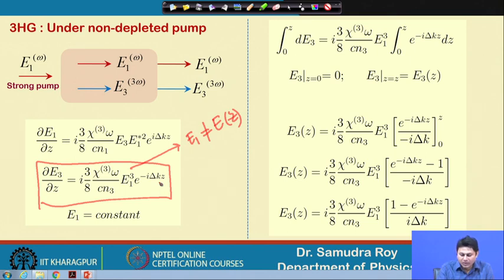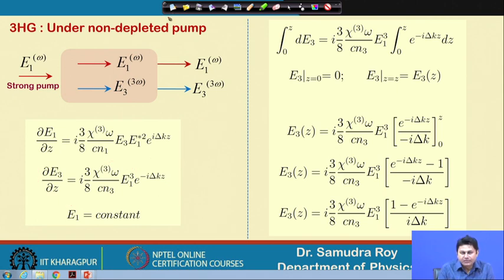Once you integrate this quantity with the boundary condition that E3 at z equal to 0 is 0, and E3 at z equal to z is some quantity, say E3(z), as I mentioned, this constant will come out of the integration, and I only integrate this quantity.